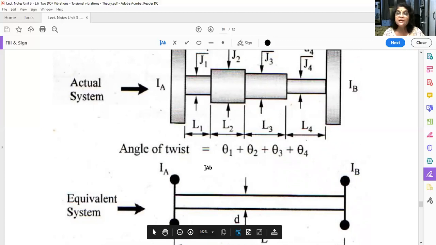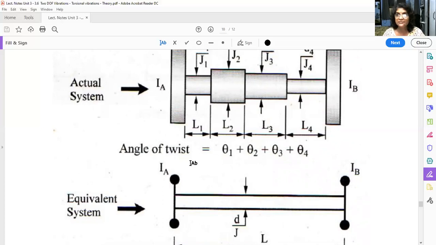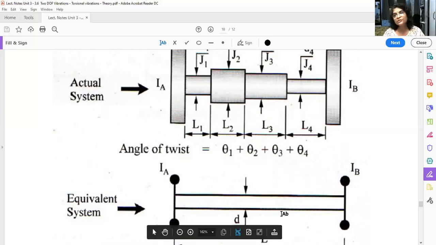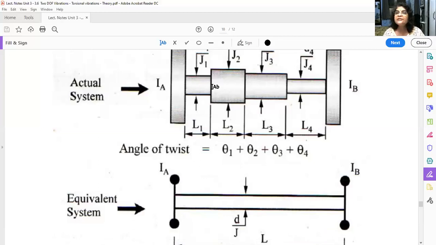By considering the stiffness. The torque will be acting the same. If the torque is T acting on the actual system, here also the torque must be T. If the shaft material has modulus of rigidity G for the stepped shaft, here also it should be G.